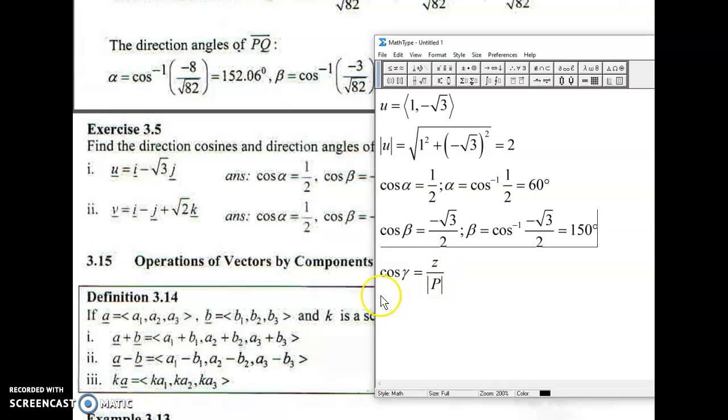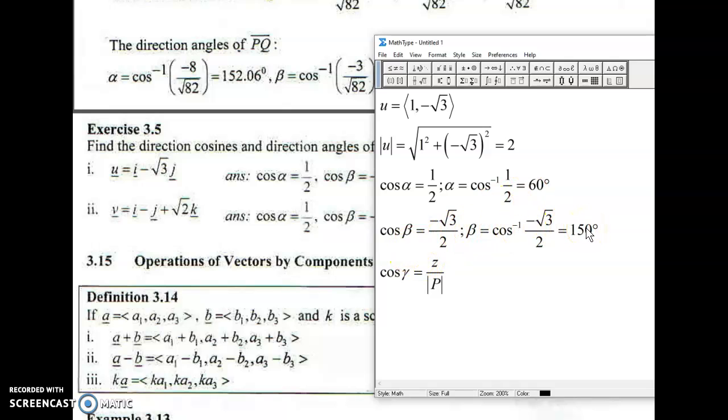For this one, we don't need to calculate it, because we don't have it, it is two-dimensional. If they ask you the question, just put 0 there, right? To find the angle for alpha, we take the inverse cosine on the right-hand side and you get 60 degrees, and for this one you get 150 degrees.